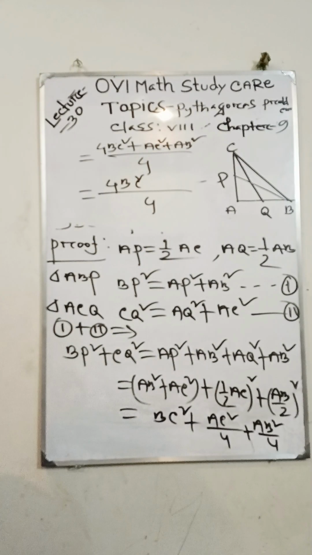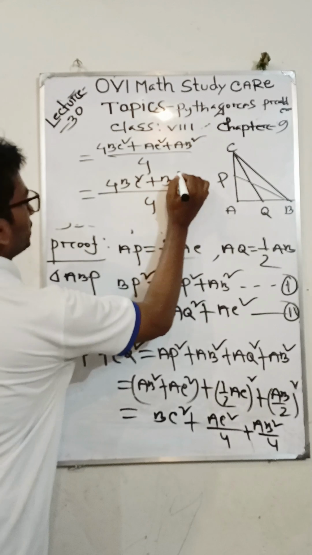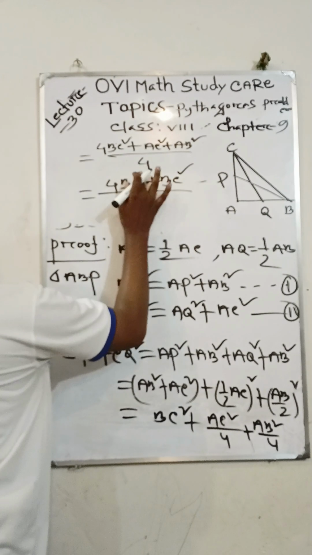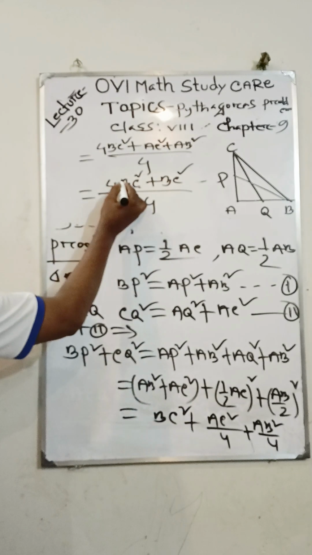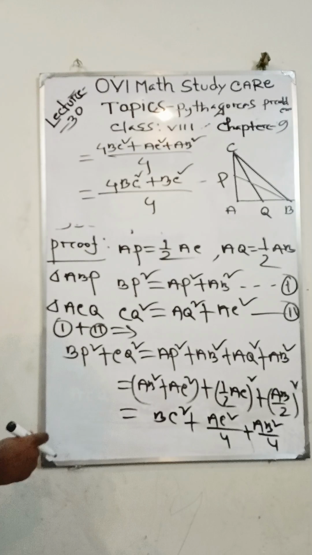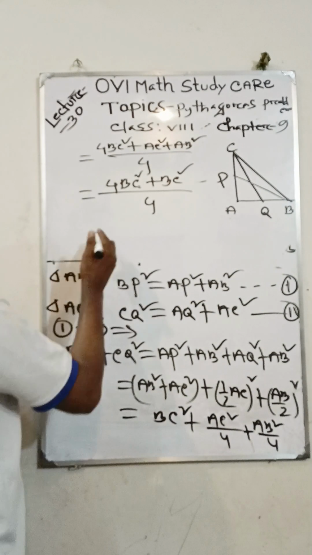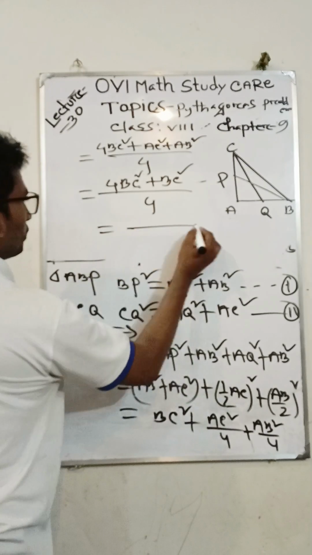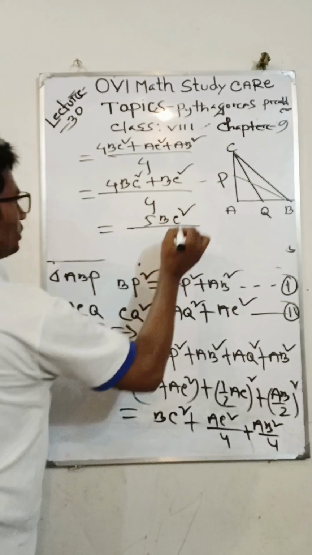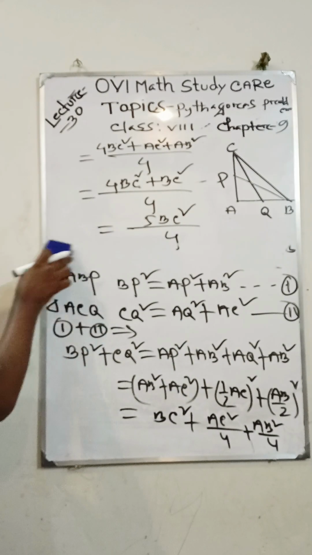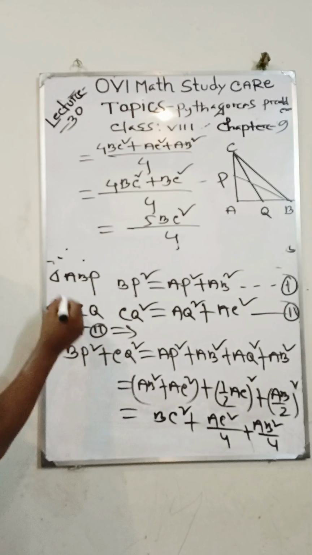Here AB square plus AC square will be another BC square. So it will be 5BC square over 4.